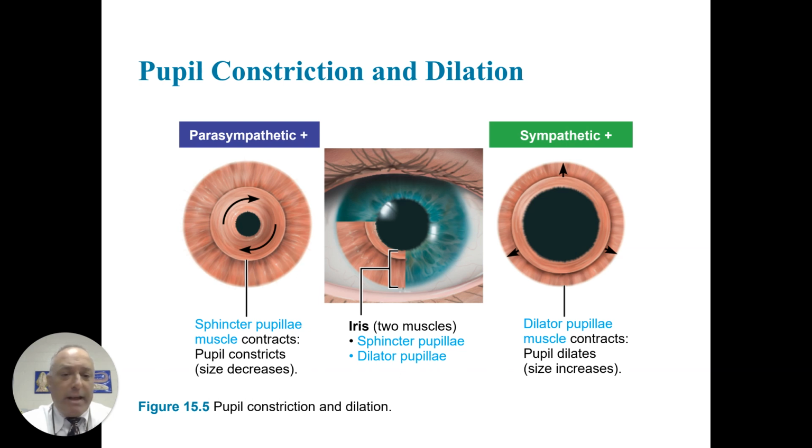This is going to let more light in for your fight or flight, make you more aware of your surroundings, make you more sensitive in the dark. A lot of different adaptations there. So for sympathetic stimulation, you're going to contract your dilator pupillae muscle, which is going to make the iris bigger.